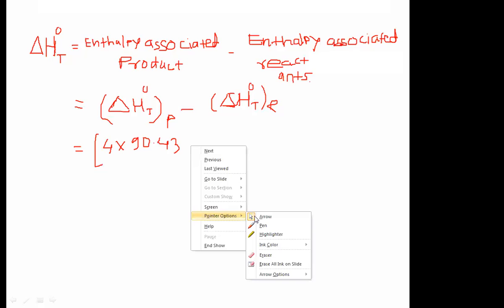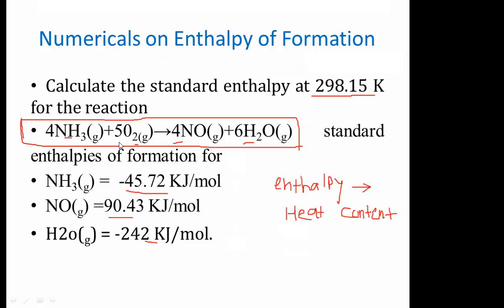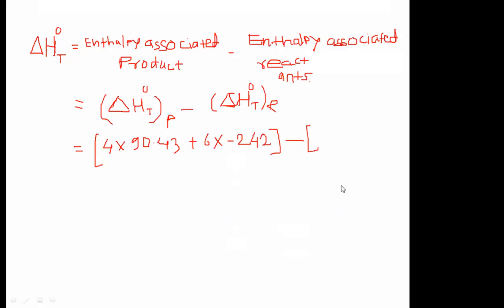Plus 6 into, only the sign we have to take, 242. Okay, minus, in bracket, standard enthalpy of reactant. Which are the reactants? NH3 and here O2. Okay, 4 into NH3, minus 45.72.